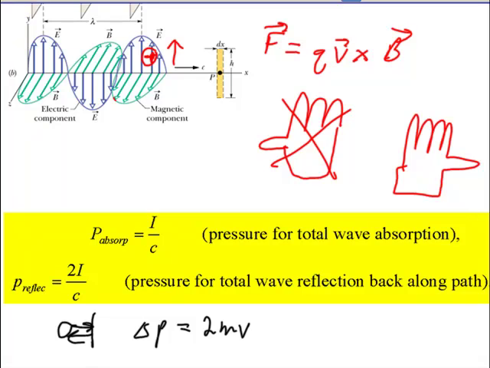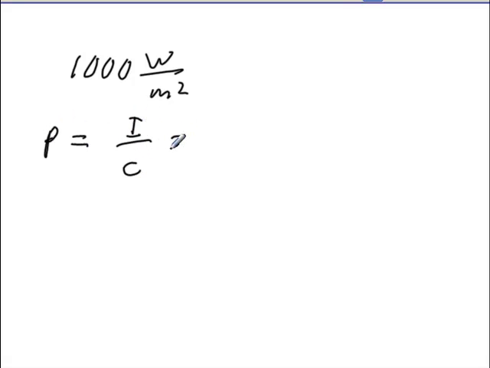So if we look at, for example, about 1,000 watts per meter squared of energy hitting the Earth, that's a fairly significant amount of energy. If we asked the pressure, that would be the intensity divided by c.